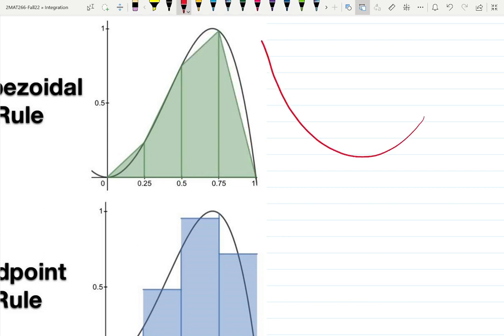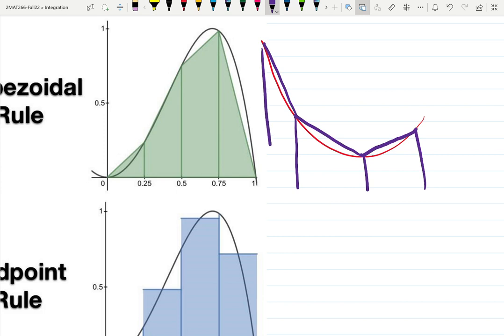If your function is concave up, then the trapezoidal rule might look like this, and that will be overestimation. So underestimation and overestimation come from the shape of the graph. Concave up, concave down, cusps or no cusps, those are sharp angles, and so on.